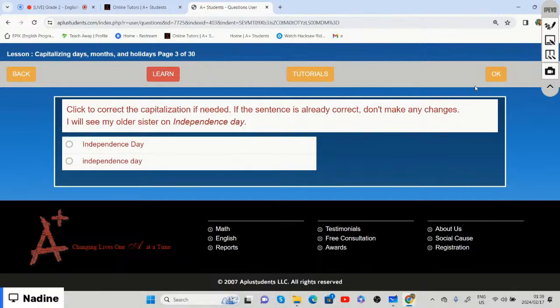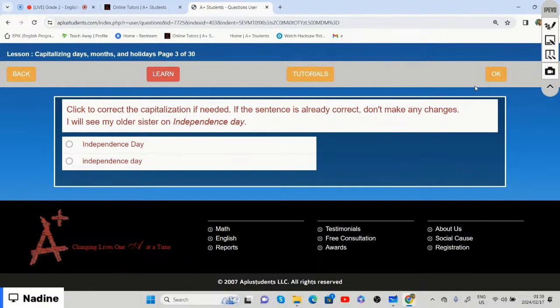And then we also said that we need to capitalize, for example, holidays, right? So Independence Day. I see my older sister on Independence Day.